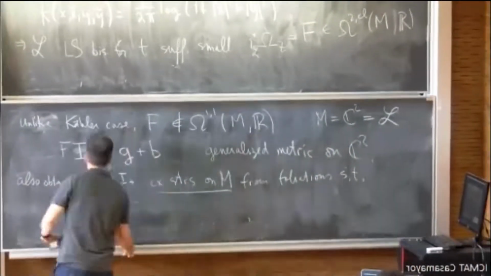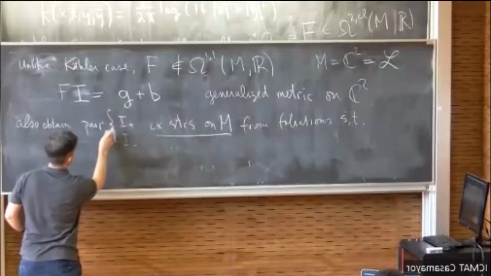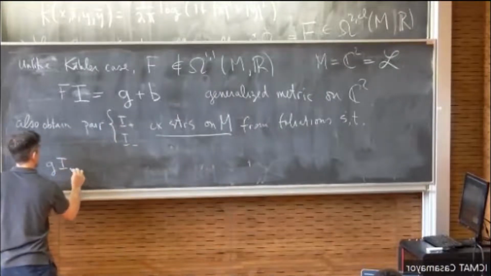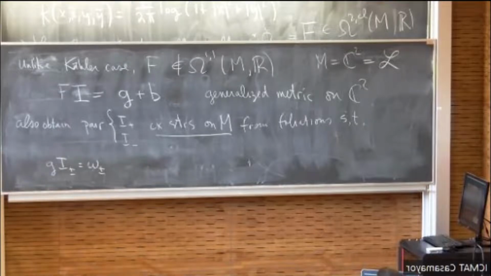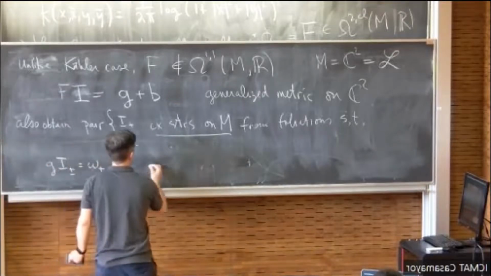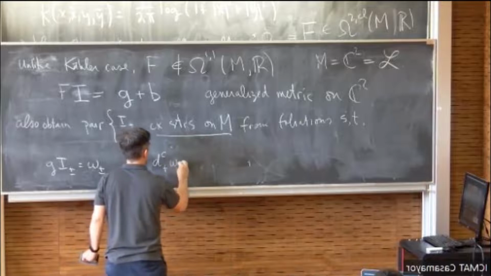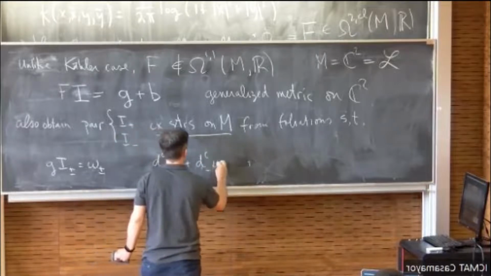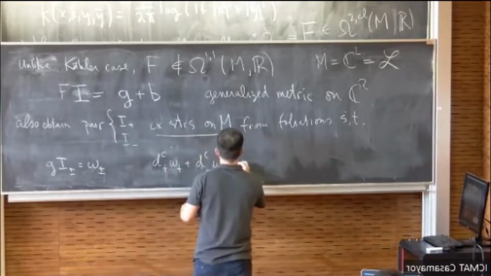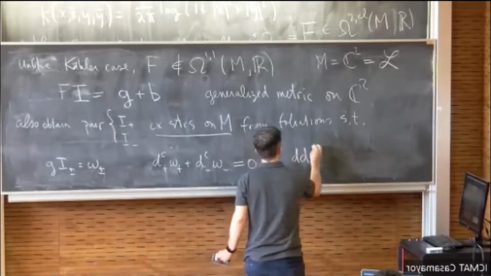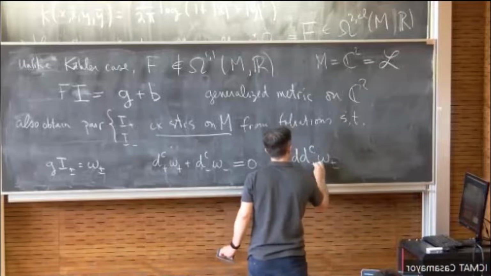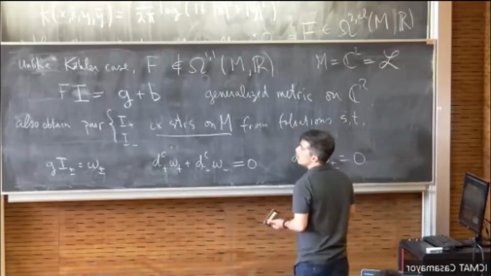And it turns out that if we combine the metric with these complex structures, we get the Hermitian forms ω₊ and ω₋. These are not closed, but they satisfy the condition that d^c₊ ω₊ + d^c₋ ω₋ is equal to 0, and dd^c ω± is equal to 0.